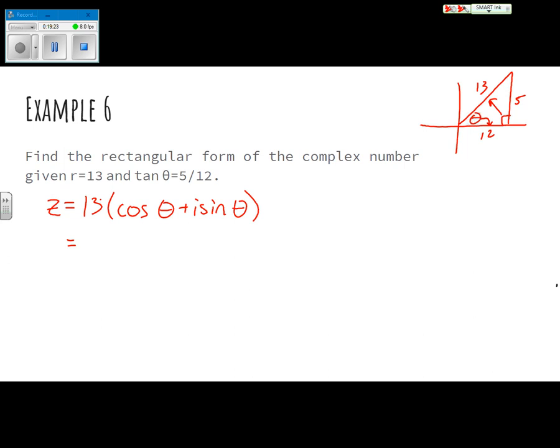Okay, so that was actually my r. So now I'm going to plug everything in. So cosine of theta we said was 12 thirteenths, plus i sine of theta, I'm going to need to go opposite this time. Opposite over hypotenuse, 5 thirteenths. Distribute the 13. What happens? Get this nice complex number, and that's what z is.